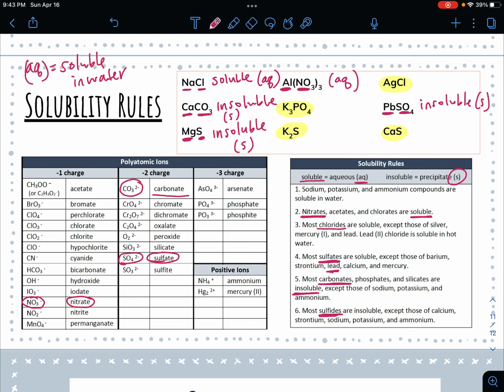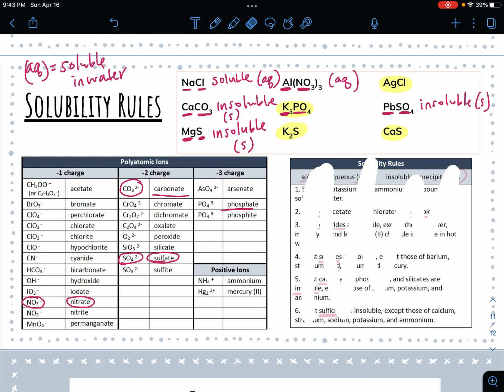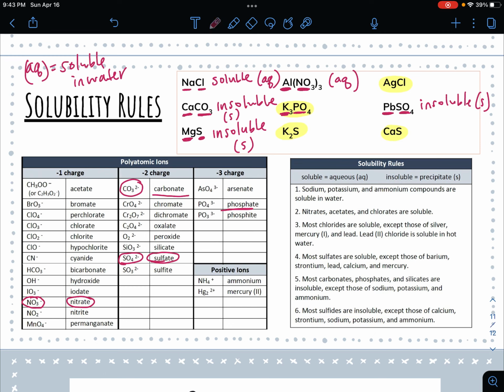All right, let's go over them really quick. So this is potassium phosphate, right? Polyatomic right here. For this one, potassium, we can use different rules here. They'll never contradict each other, but some of them fall under 2 different rules. So here, I'm just going to erase some of this so it's not so confusing. Here we have a rule about potassium, and it says they're soluble.